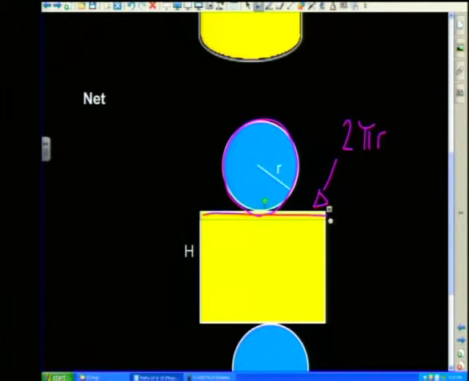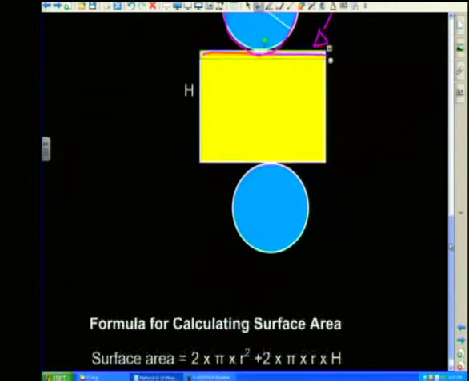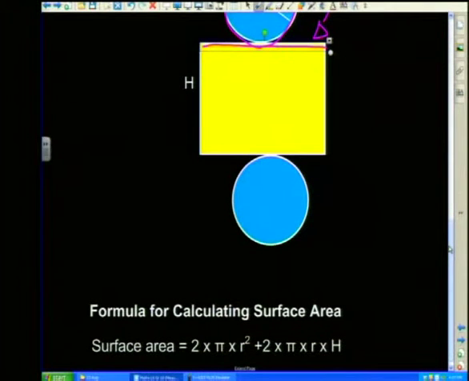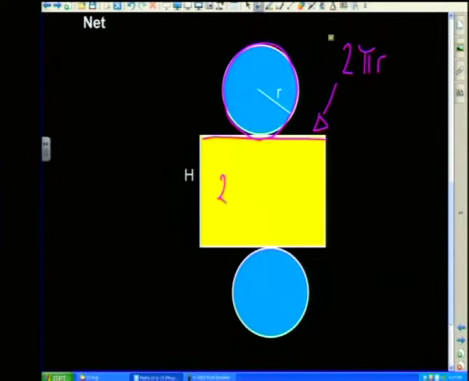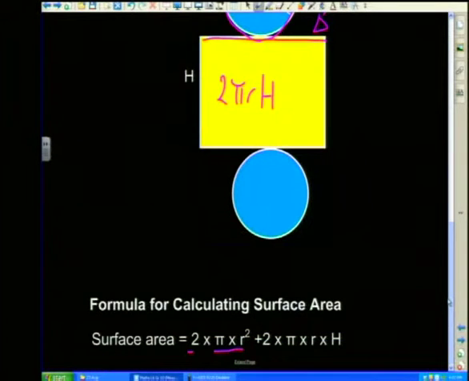We did that last week. So my formula will have 2 circles, pi r squared, plus my rectangle, which was 2 pi r times my height of my shape, because it's my length times my breadth. So that's where we get that part of the formula.